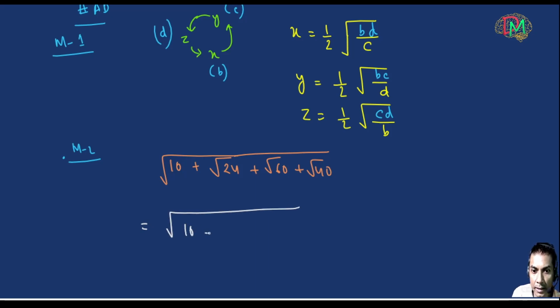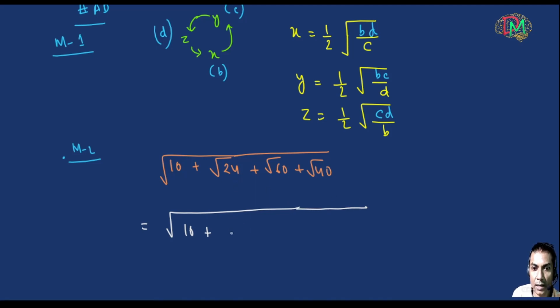It is 10 plus, and if you simplify this surd, 24 is 4 into 6, so you get 2 root 6.